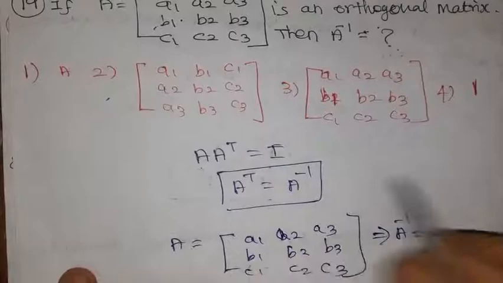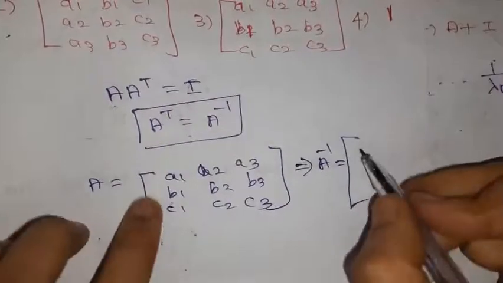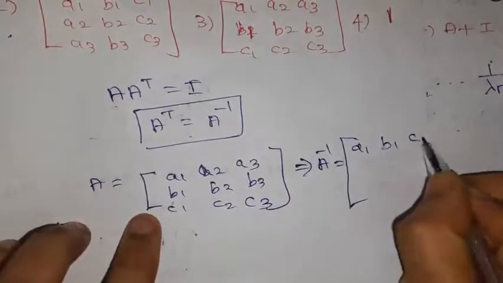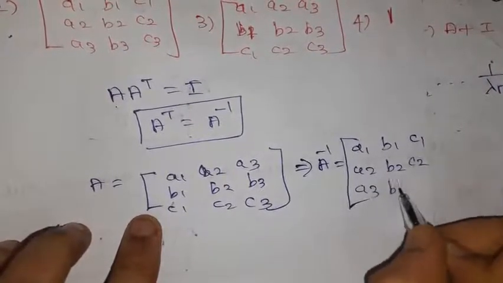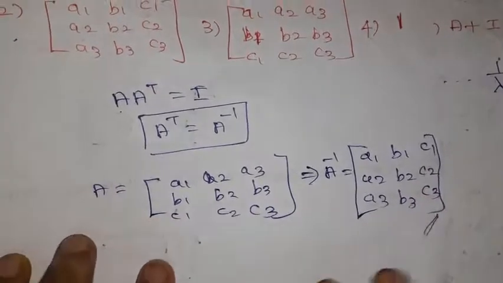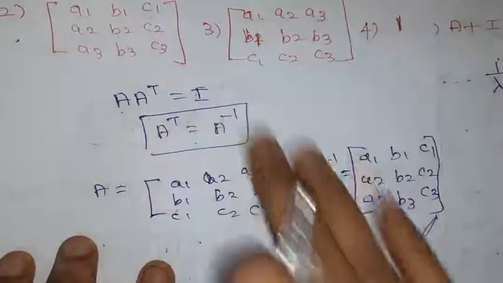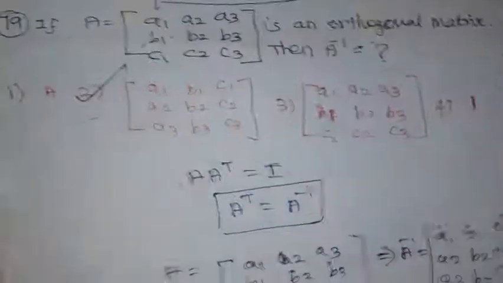Just the transpose. Transpose means rows and columns have to be interchanged. So, here A1 B1 C1, A2 B2 C2, A3 B3 C3. So, this is the matrix for the A inverse value for the orthogonal matrix. Option 2 is the right option.